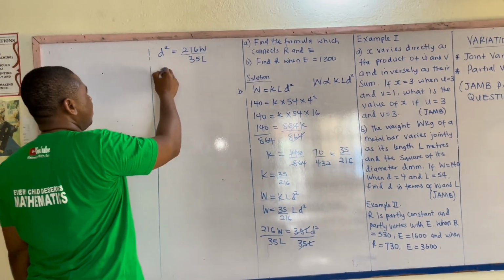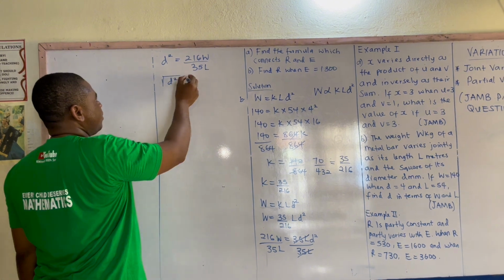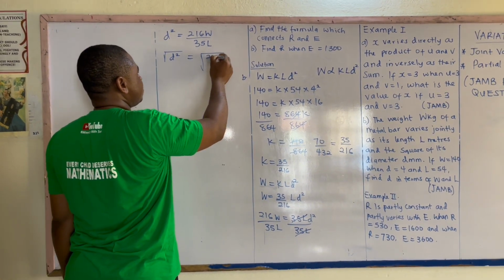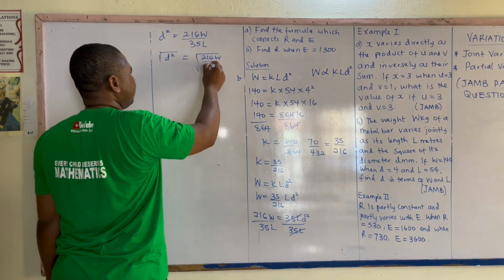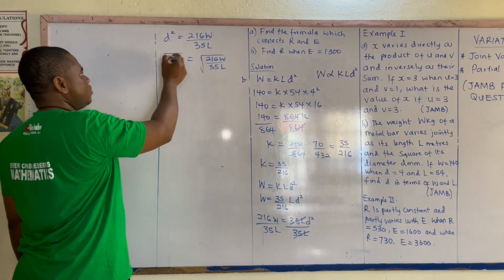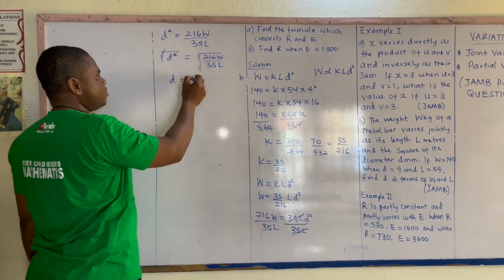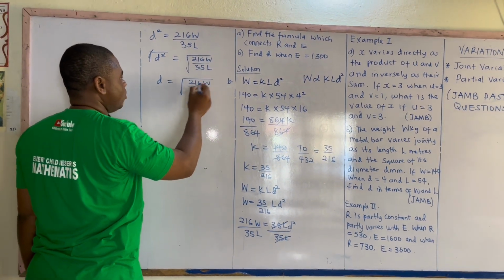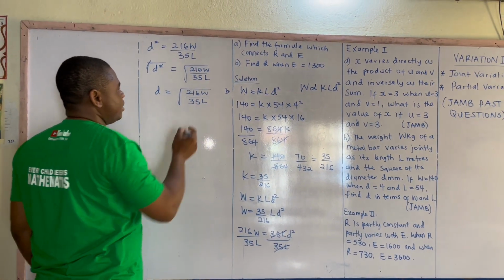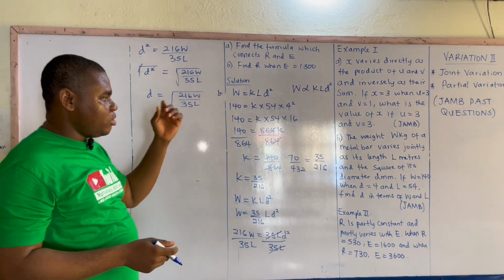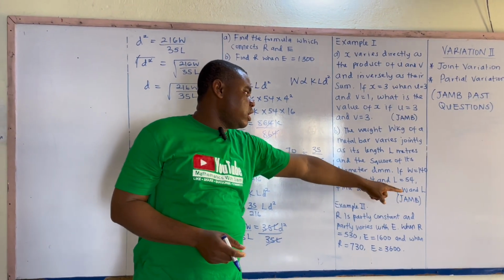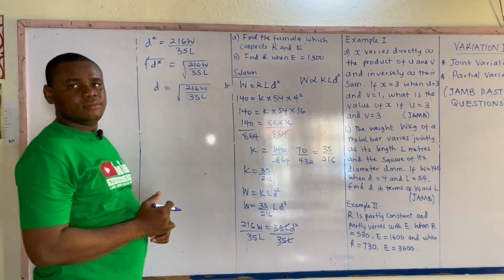So square root of D square, square root of 216W over 35L. So D is equals to square root of 216W over 35L. The reason why we are keeping our answer this way is because the instruction was for us to find D in terms of W and L.